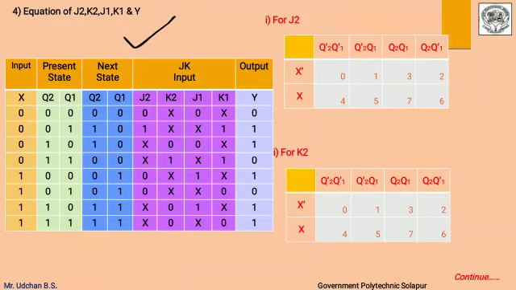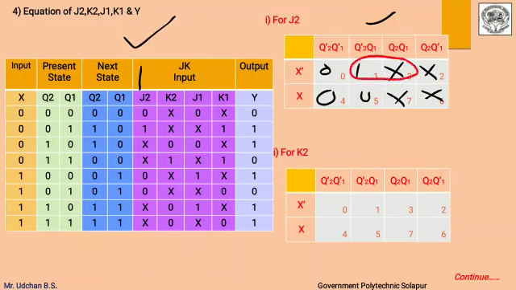Again I will use the 3 variable K-map for j2. Observe this column, enter the values 0 1, don't care, don't care, 0 0, don't care, don't care. So here I can form a pair like this. We already know how to form this. So from this the value of j2 will be x bar q1.